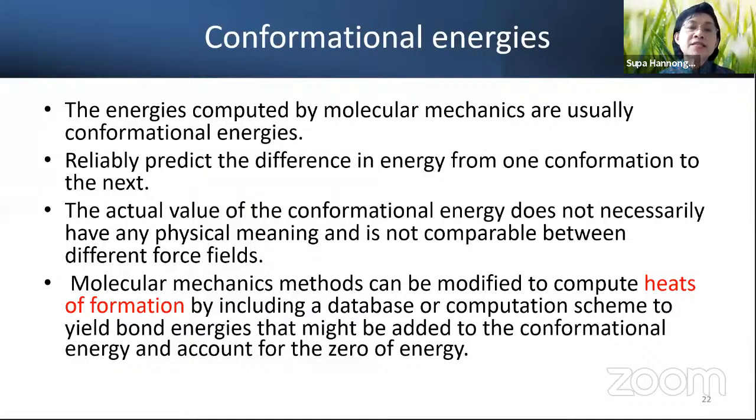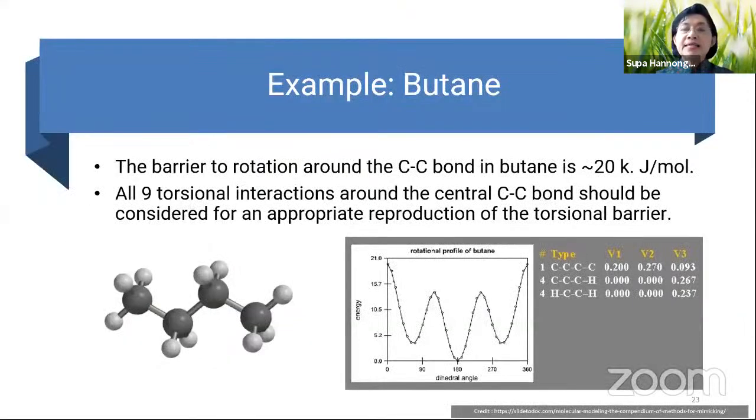Okay, so it's not easy to understand, but I just like to mention that molecular mechanics also is able to predict the heat of formation, but we need the database of the bond energies of several molecules. Yeah, and then we can predict the heat of formation. It's quite nice to play around with this. Then, example of butane.